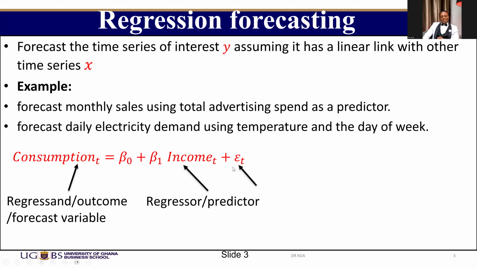Now, this error term is also called stochastic noise. It captures all other regressors that could actually affect the consumption, or the regressand, but have not been captured.